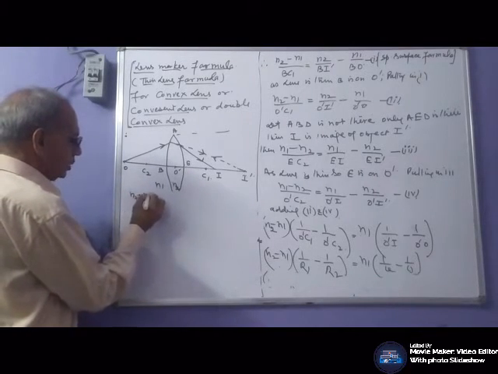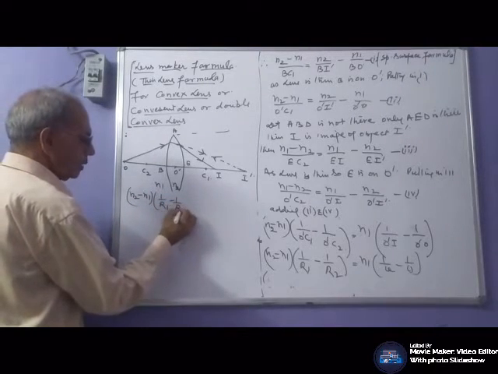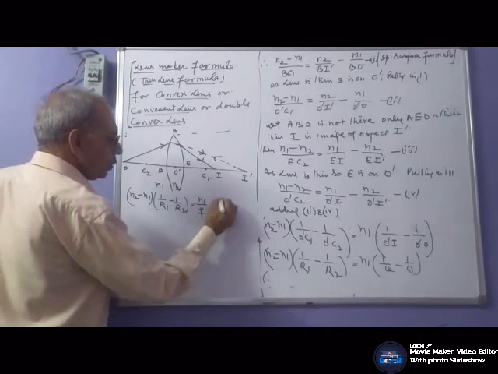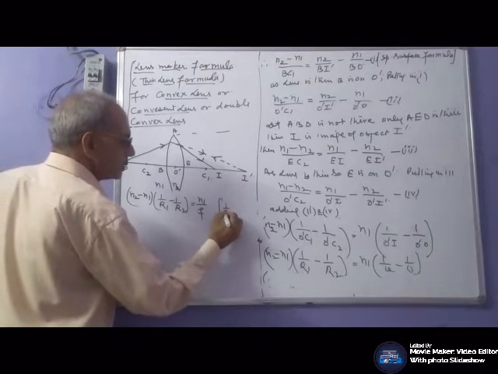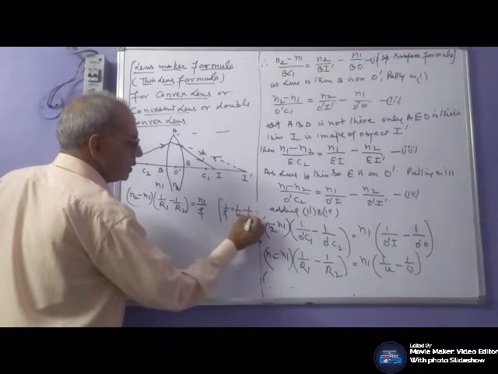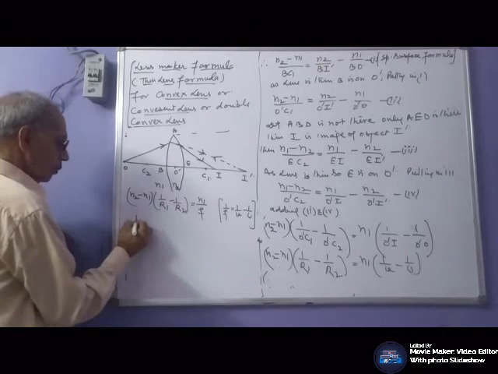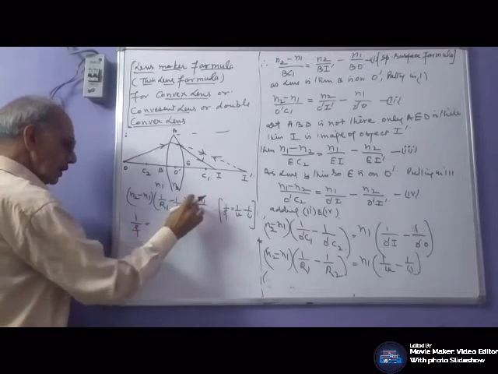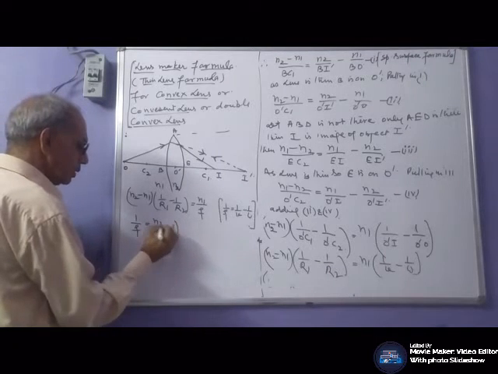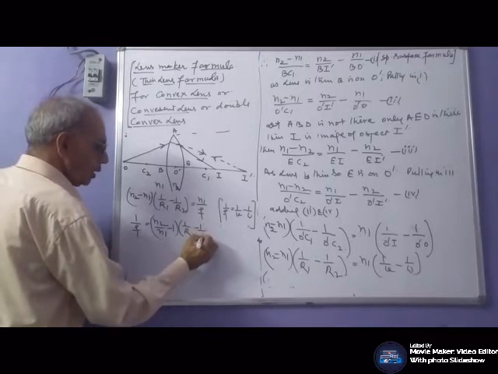n2 minus n1 times (1 by r1 minus 1 by r2) equals n1 by f. Why? We have read this in previous classes: 1 by v minus 1 by u for the lens equation. Or 1 by f, take n1 to this side: (n2 by n1 minus 1) times (1 by r1 minus 1 by r2).